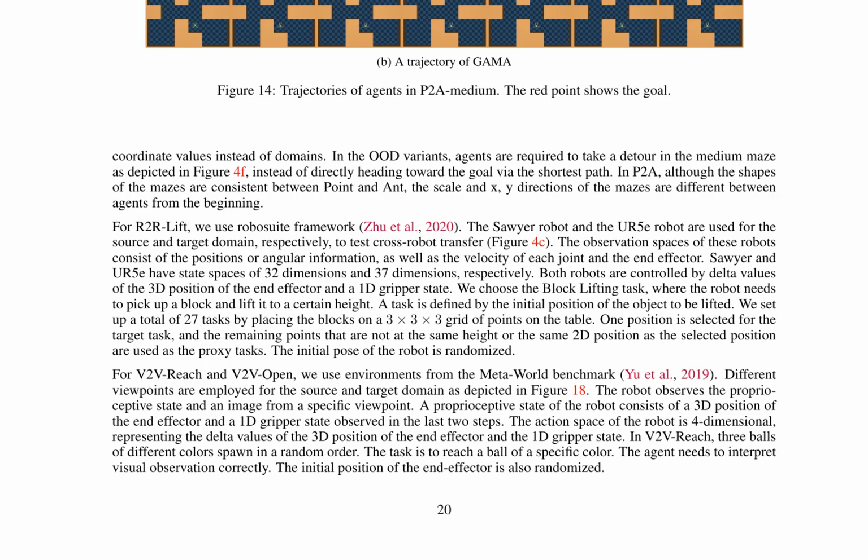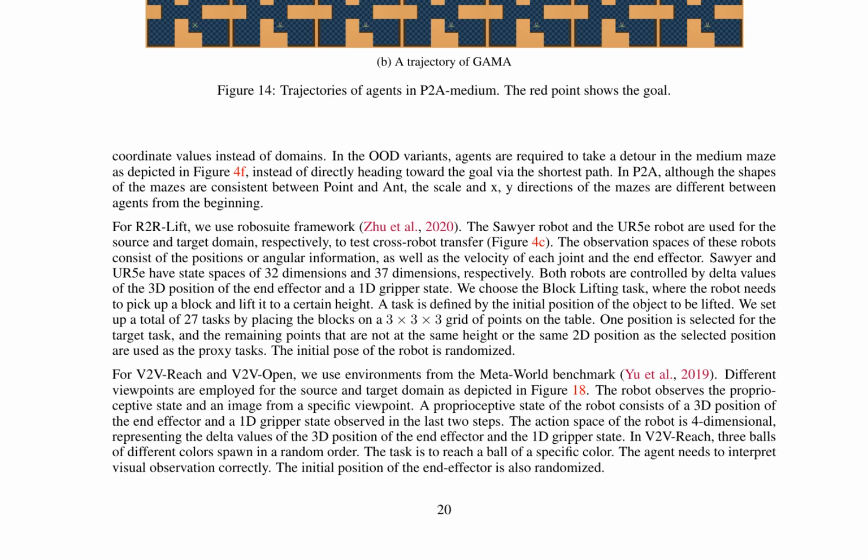The third task, R2R-lift, utilizes the RoboSuite framework and involves cross-robot transfer between Sawyer and UR5E robots. The task requires lifting a block to a certain height, with varying initial positions for the block. A total of 27 tasks are set up on a 3x3x3 grid of points on the table, with one position selected as the target task and the remaining points used as proxy tasks.